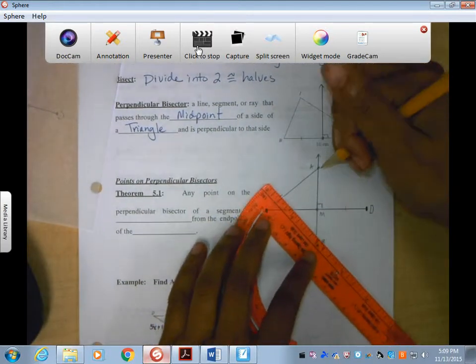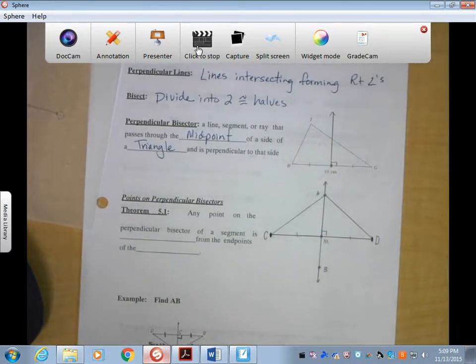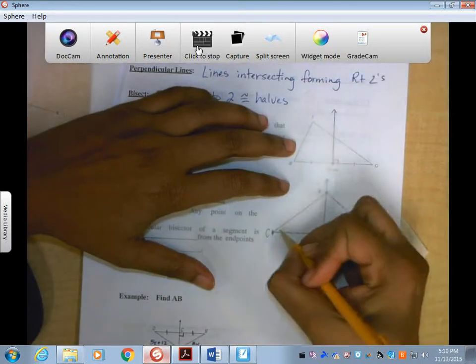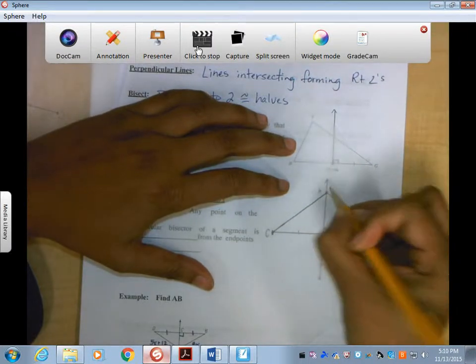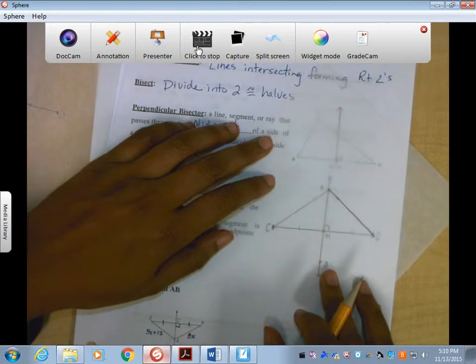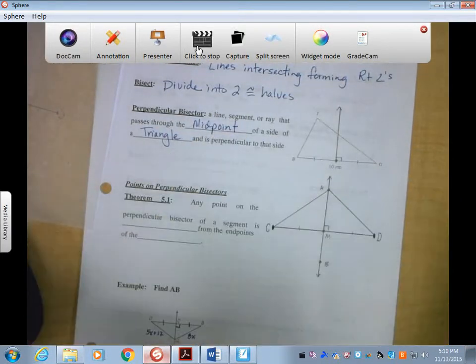I'm going to look at the distance from A to C and the distance from A to D. And if I trace this segment and do some rotating, it should be the same length, and it is, as from A to D.